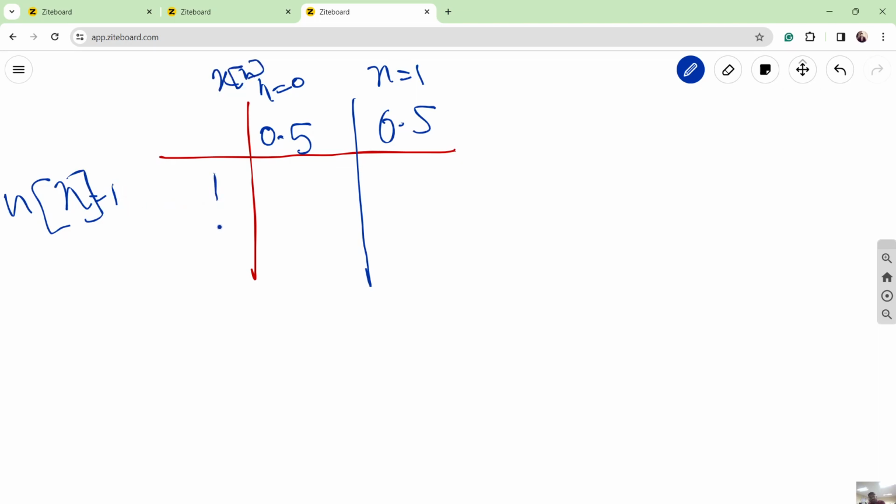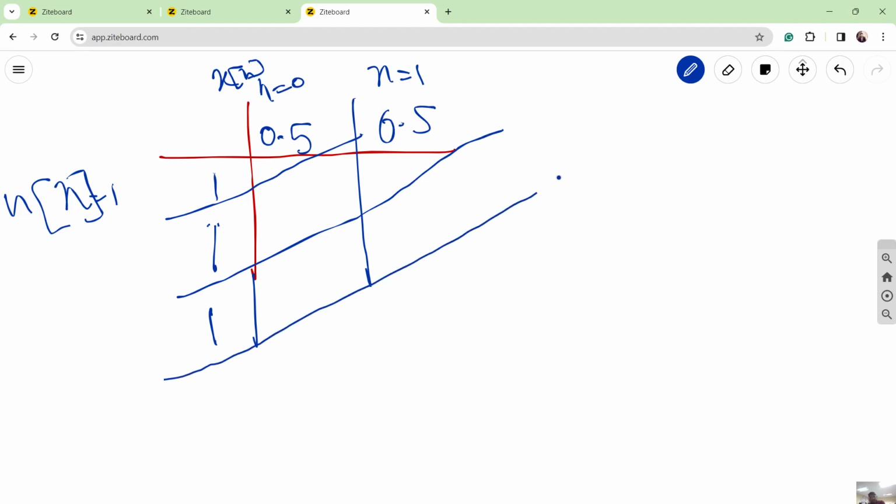There are 1, 1, and 1. So in this way we can divide it.